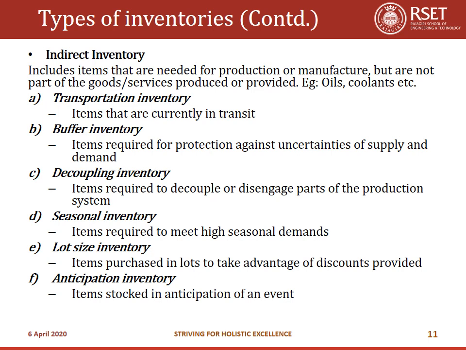For example, suppose you decide that there is going to be very heavy rainfall in the next 2 months, and you're anticipating that people would want umbrellas, so you're going to produce umbrellas. So these are items that are stocked in anticipation of an event. That event has not happened yet, but you're anticipating that it is going to take place. And so items that are stocked like that are known as anticipation inventory.